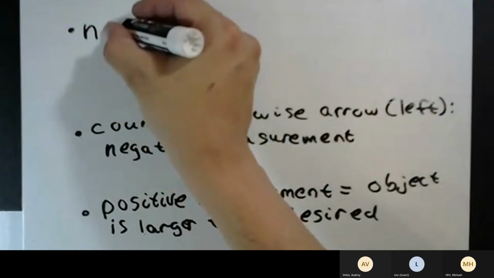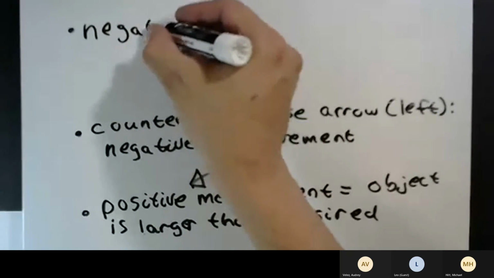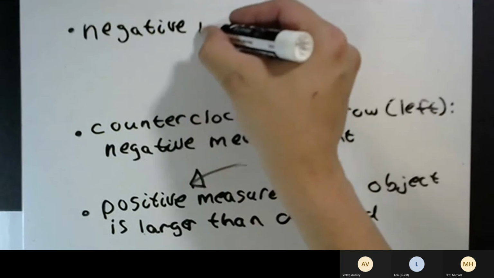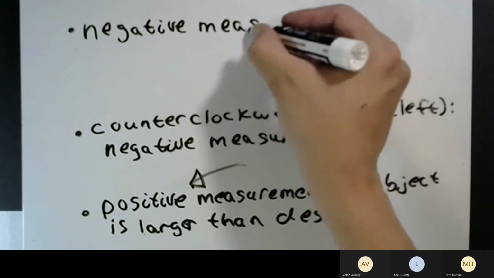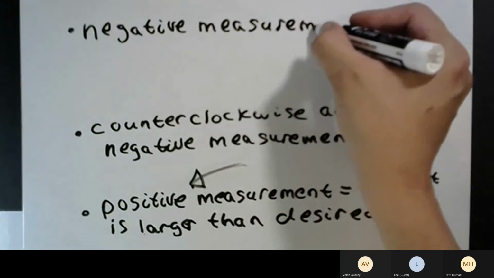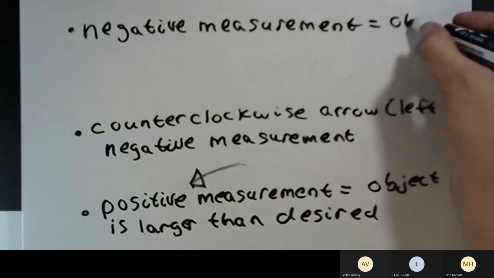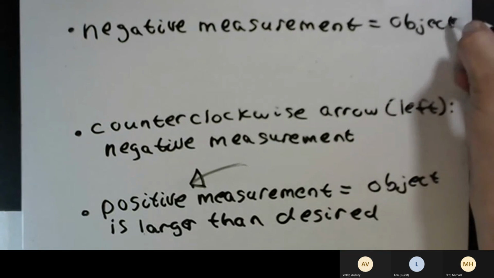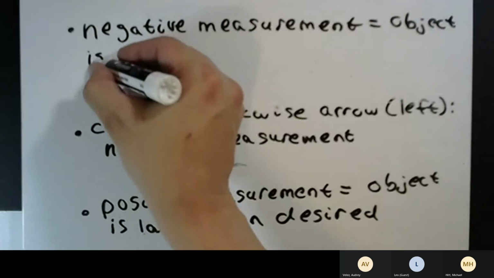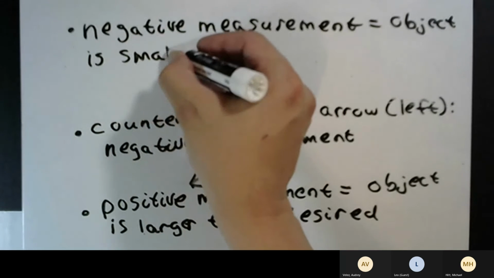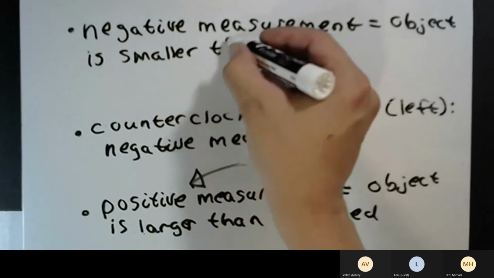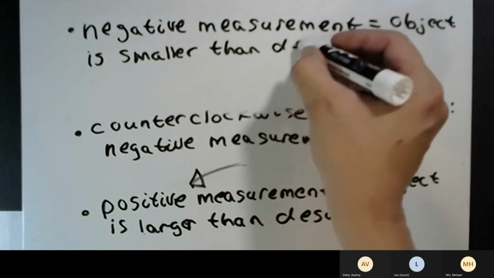And then a negative measurement, the object is smaller than desired.